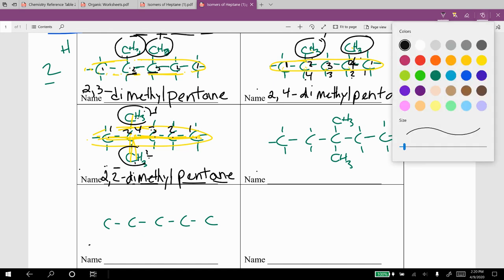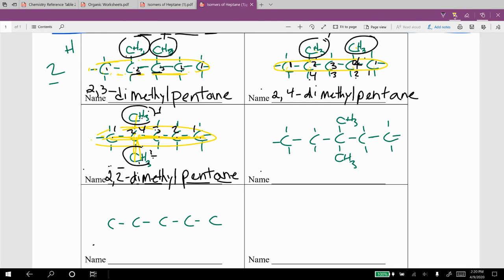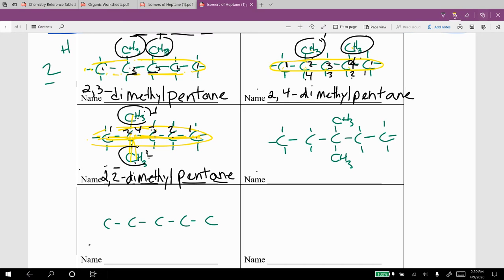Okay, so let's go through and let's name and count our other ones. 1, 2, 3, 4, 5. 1, 2, 3, 4, 5. 1, 2, 3, 4. 5 is my longest carbon chain.